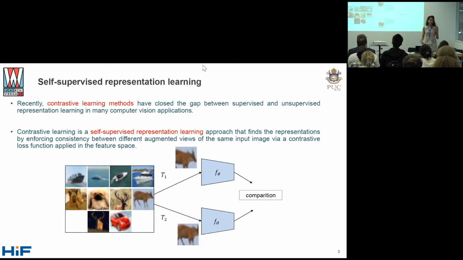This way, we are learning helpful, important attributes in a fully unsupervised way. In this case, self-supervised, but we don't need labels.